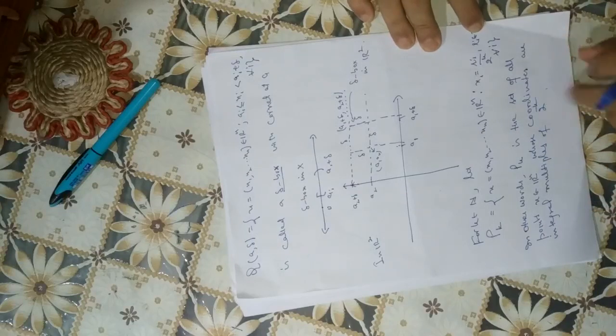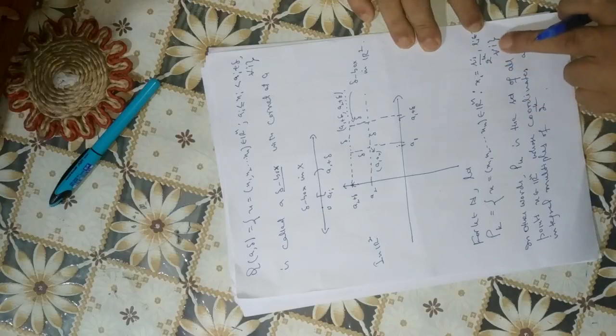Each coordinate here is an integral multiple of 2 power minus k.